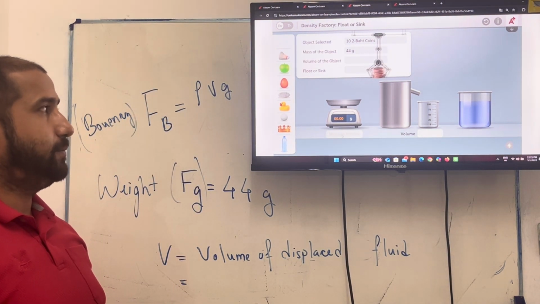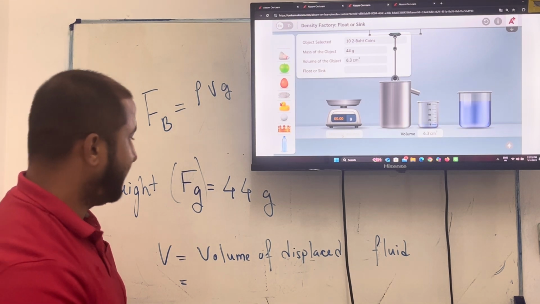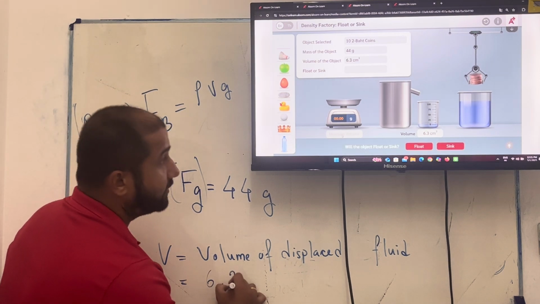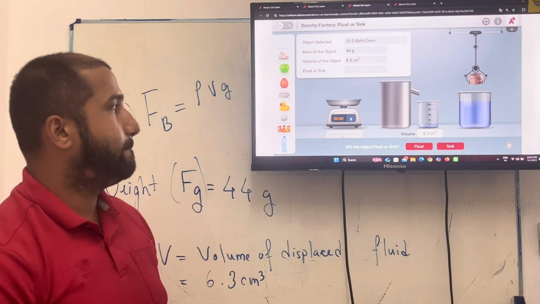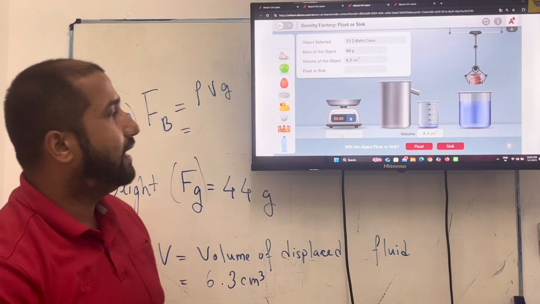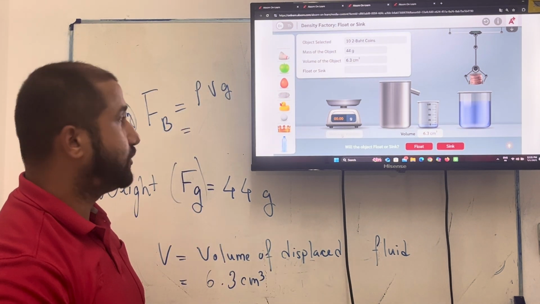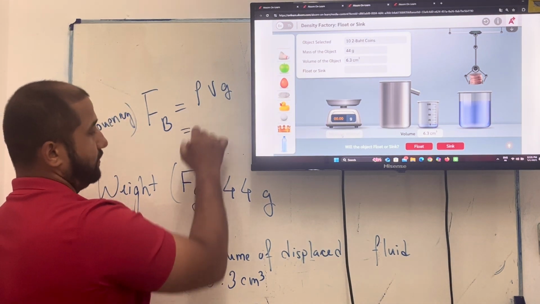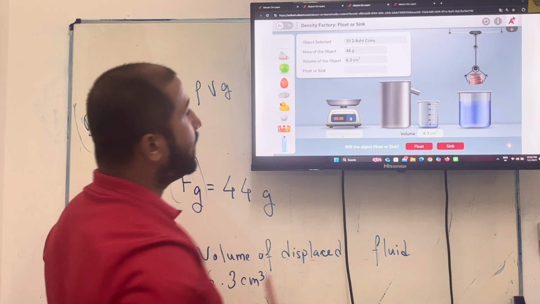Now, if we put this object in the water, it will displace some liquid. How much is that liquid? 6.3 centimeter cube. Now, we need to calculate how much the buoyancy force is. So, density of water always represents rho. Let's say this is water.